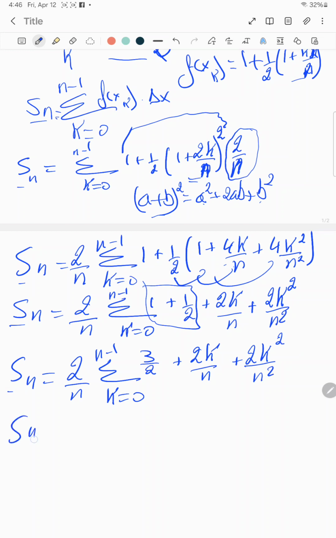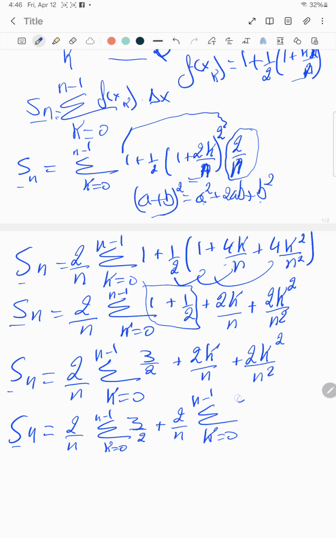So for S of n, I will have 3 sums: equals 2 over n sum of 3 over 2, where k equals 0 to n minus 1, plus 2 over n sum of k equals 0 to n minus 1 of 2k over n, plus 2 over n sum k equals 0 to n minus 1 of 2k squared over n squared.